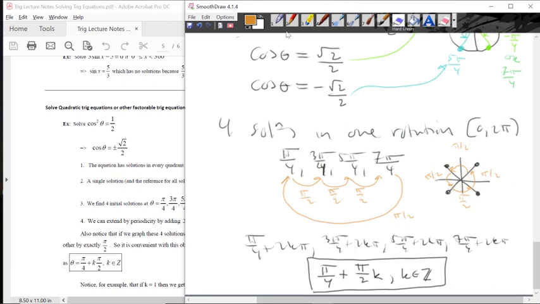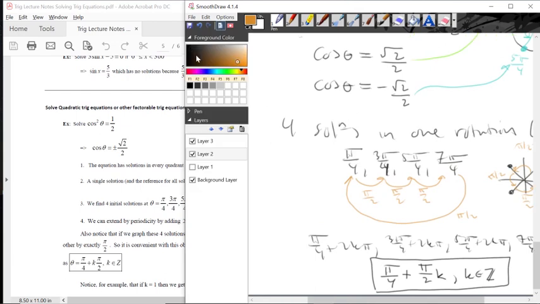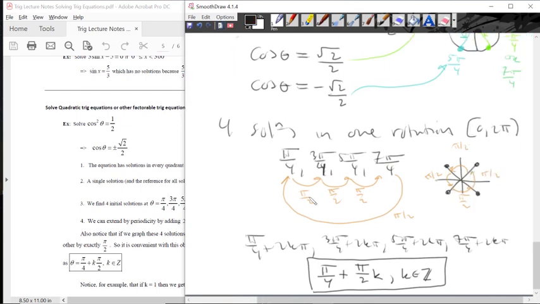But so that you're able to read solutions correctly, and as you're moving ahead, so that you can be able to write your solutions in more compact forms as well, I'd like you to at least be familiar with using these notions of symmetry in order to simplify your solution sets.